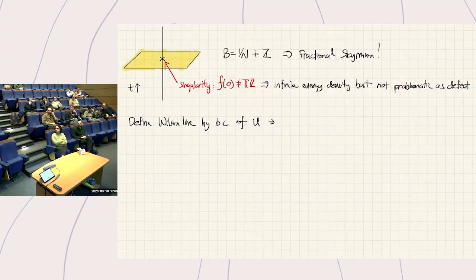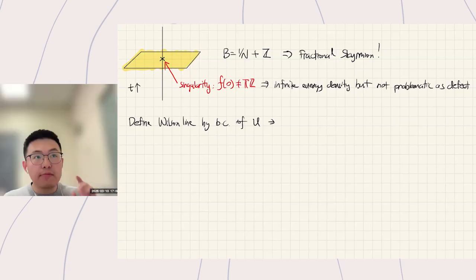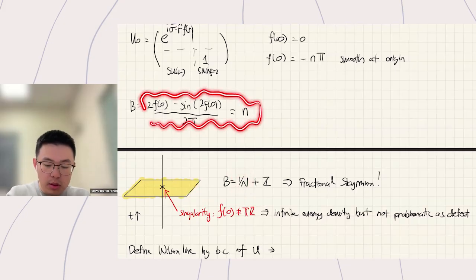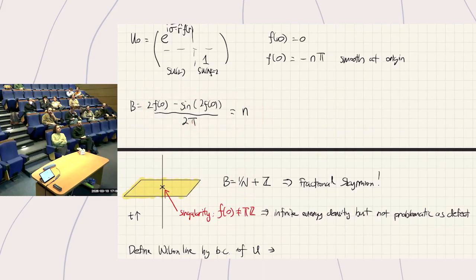Can f0 be an irrational multiple of pi, or does it always have to be rational? That's a very good question. If you want the baryon number to be 1 over n, it's actually a non-trivial solution to these equations. Well, maybe the question was, can f0 be any number in the sigma model?